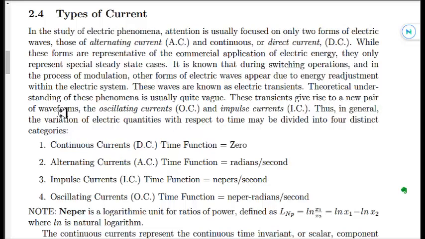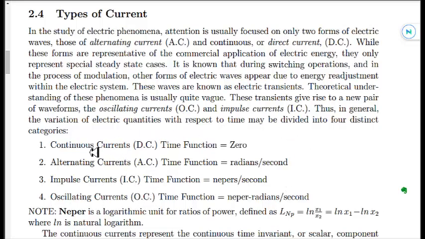Thus, in general, the variation of electric quantities with respect to time may be divided into 4 distinct categories: continuous currents, which he refers to as DC, alternating currents, AC, impulse currents, IC, and oscillating currents, OC.